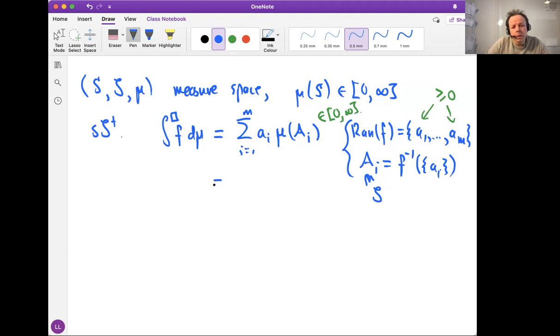Alternatively, we can also write this as the sum of values x in the range of f. And we write here x times the measure of the pre-image of this singleton set {x} under f.